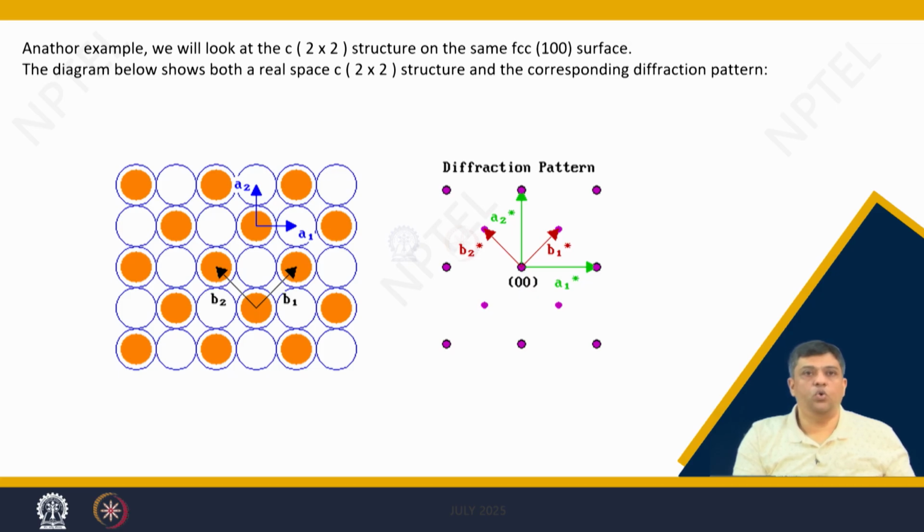So, this is what the whole data looks like for a 2 cross 2 structure.